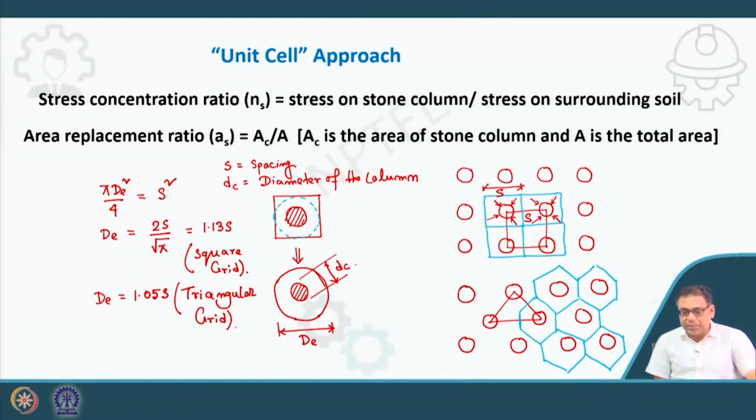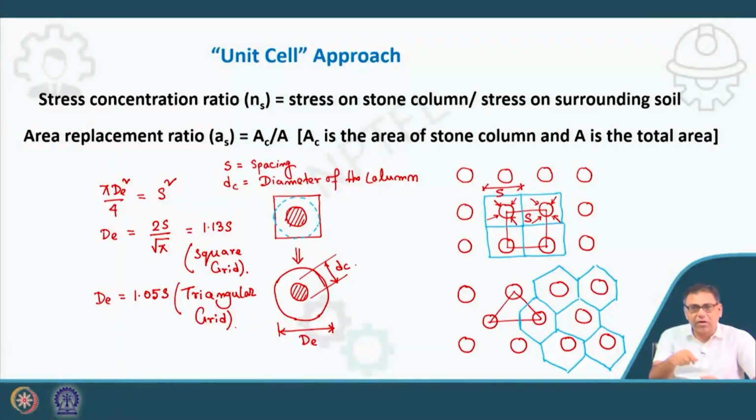Suppose in consolidation you have a 10 meter deep clay layer. If you don't use this technique, the water will flow only in the vertical direction and has to travel that huge length, considering one-way drainage.